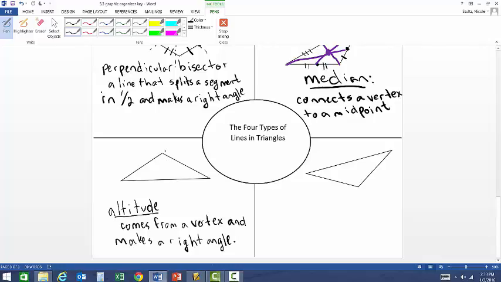So for example, if this is a vertex, you simply draw a line that makes a right angle with the opposite side. So we call that an altitude.